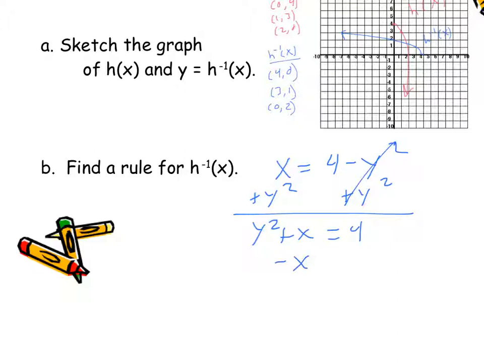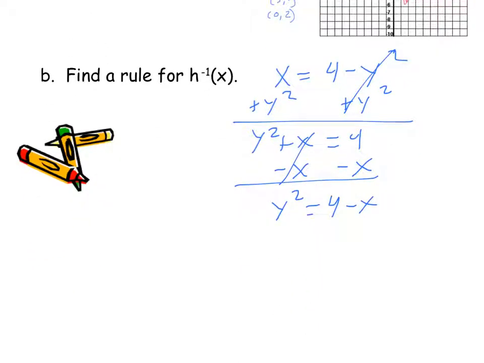Then subtract x. I get y squared equals 4 minus x. Last but not least, take the square root of both sides, and I get y equals the square root of 4 minus x.